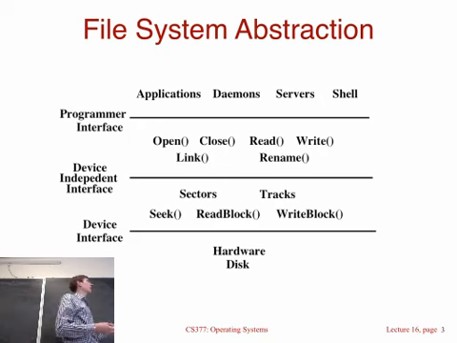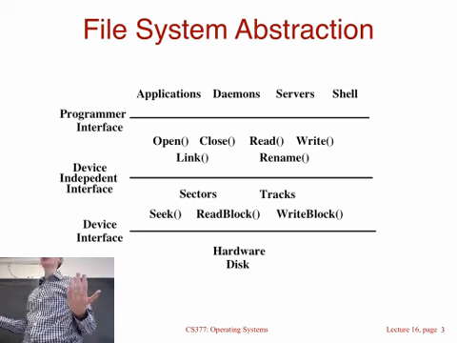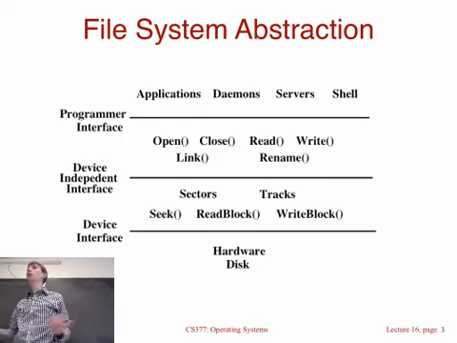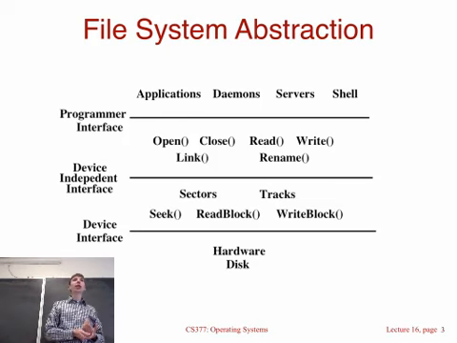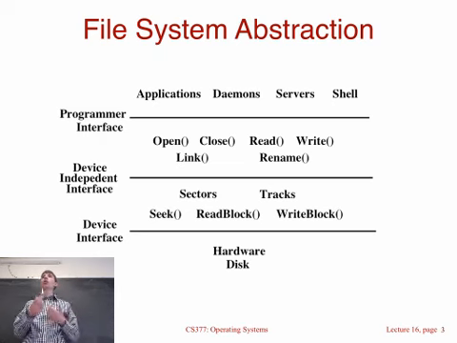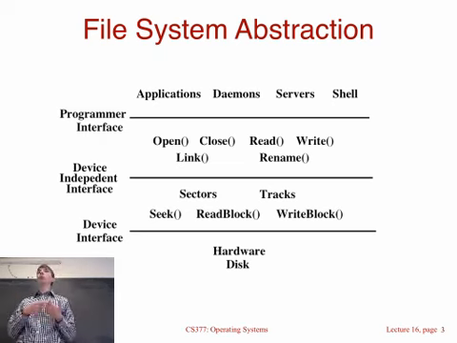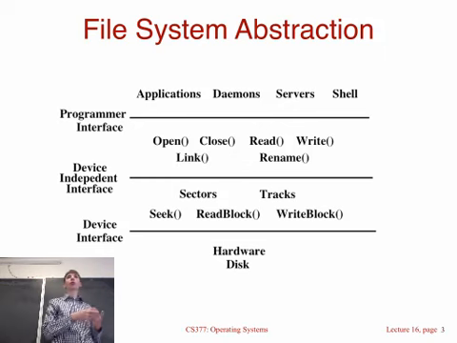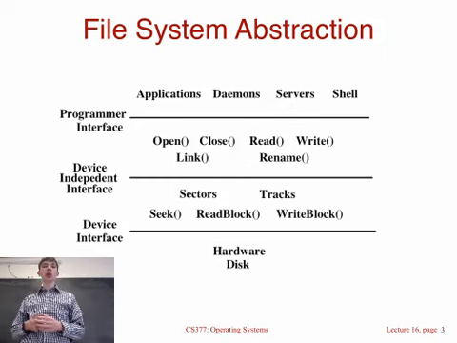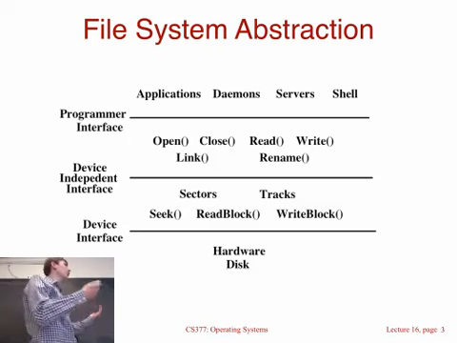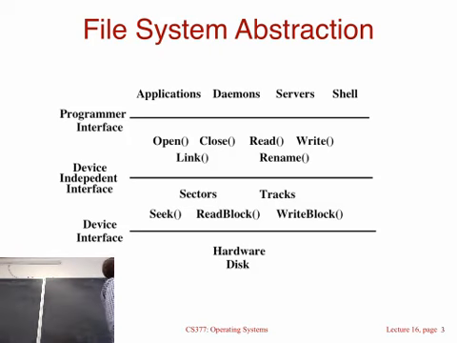There's an interface to the hardware itself, which is provided by a piece of code in your kernel called a device driver. You may have lots of different types of I/O devices that all need to be talked to in a certain way. They all have their own behavior. So you have a device driver in your kernel for every type of device you want to be able to talk to. So the device driver is talking directly to the disk.